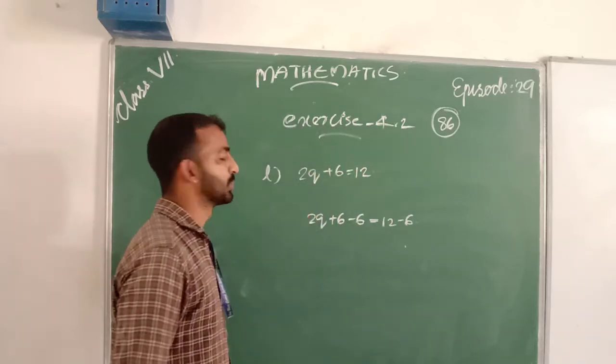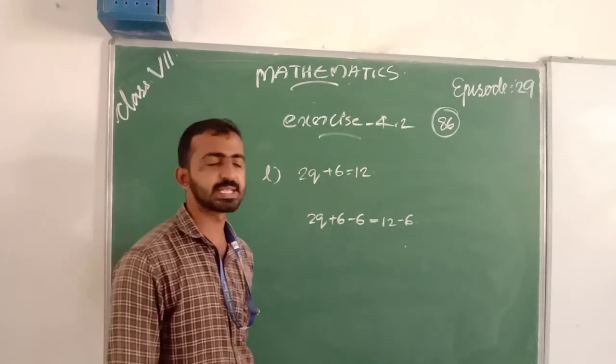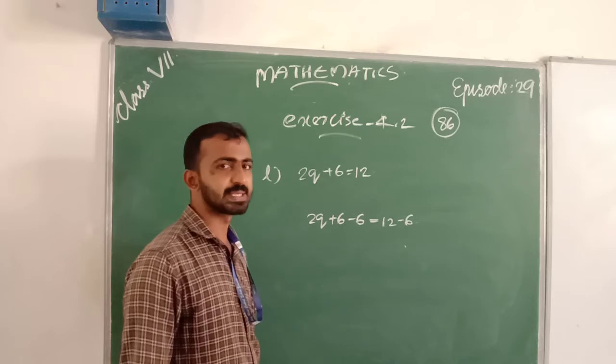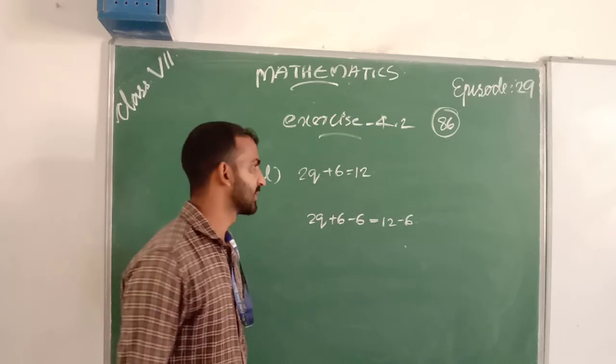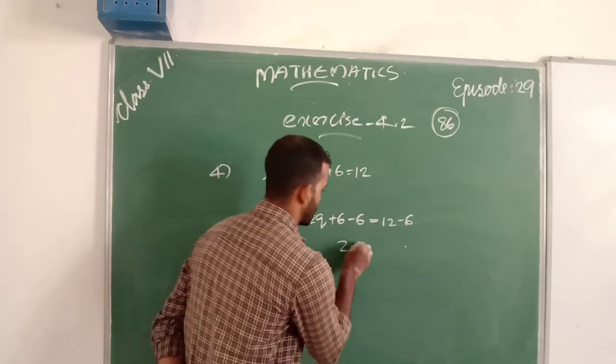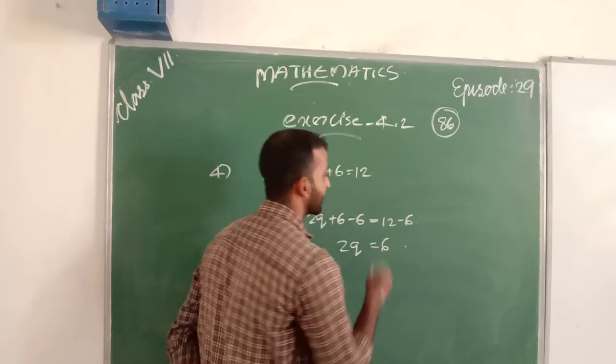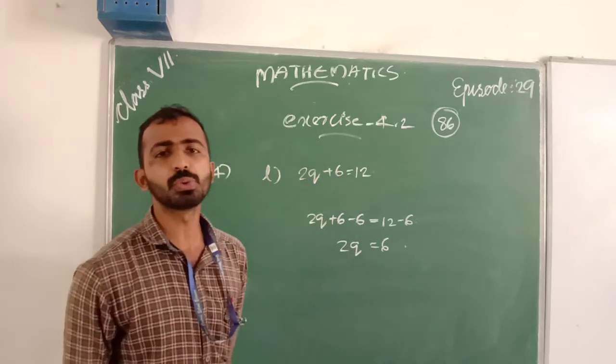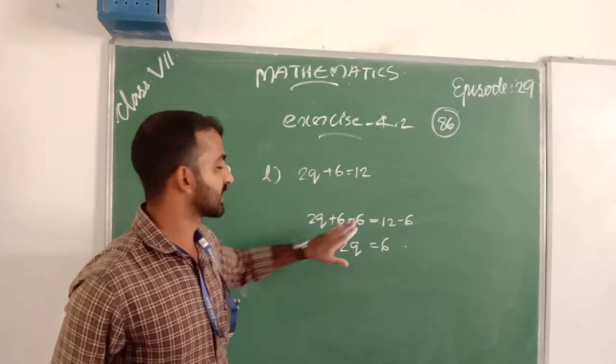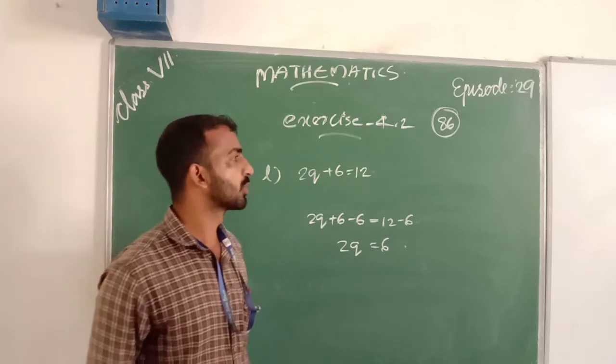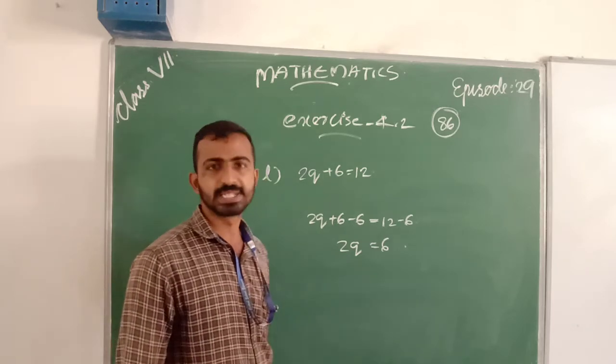That is 2q plus 6 minus 6 equal to 12 minus 6. That is 2q equal to 6. Here 6 minus 6 is 0, and 12 minus 6, we get 6.